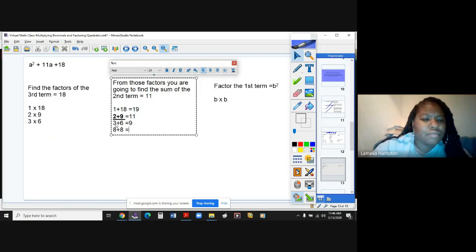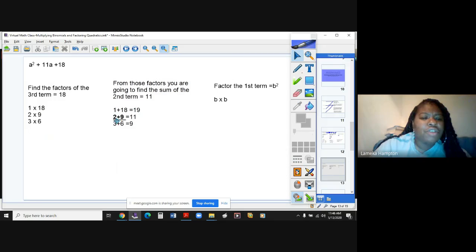All right. So I am going to be using 2 and 9 as part of my binomials, because when I add these numbers together, it gives me 11. But when I multiply these numbers together, it gives me my third term, which is 18.